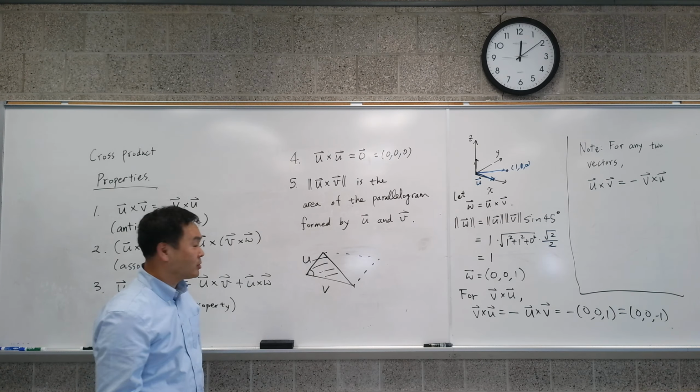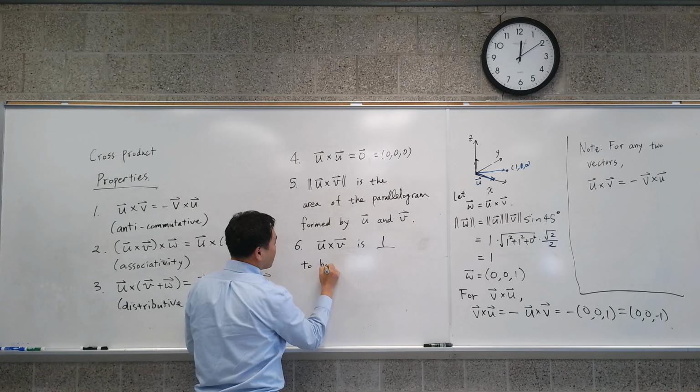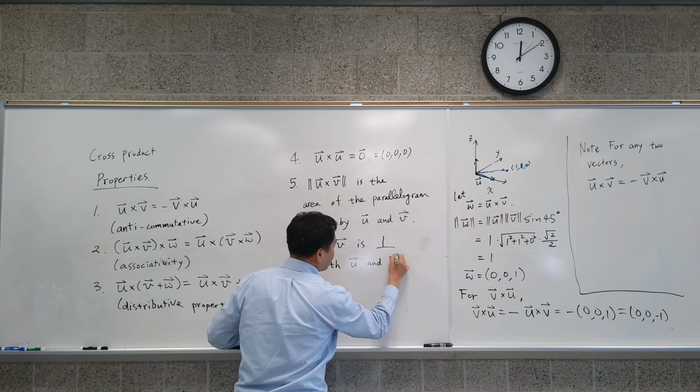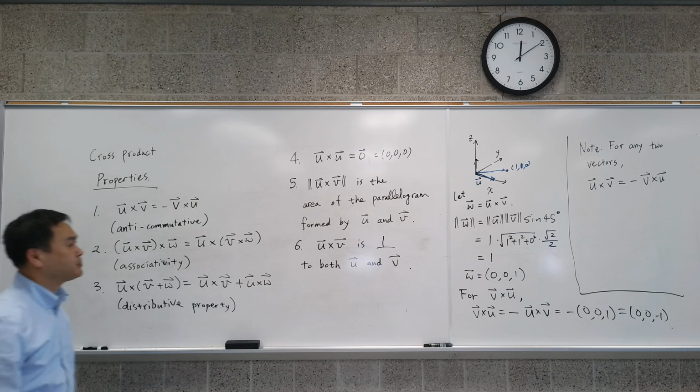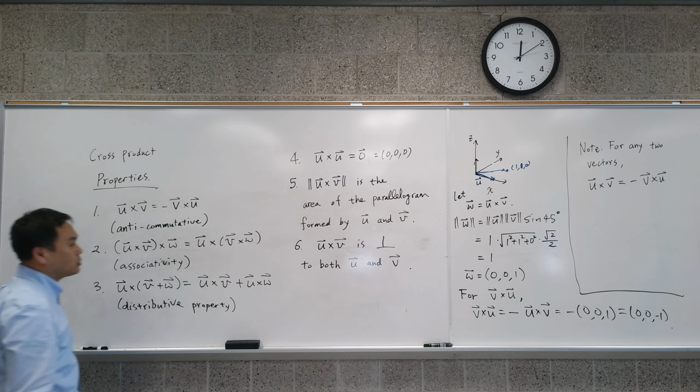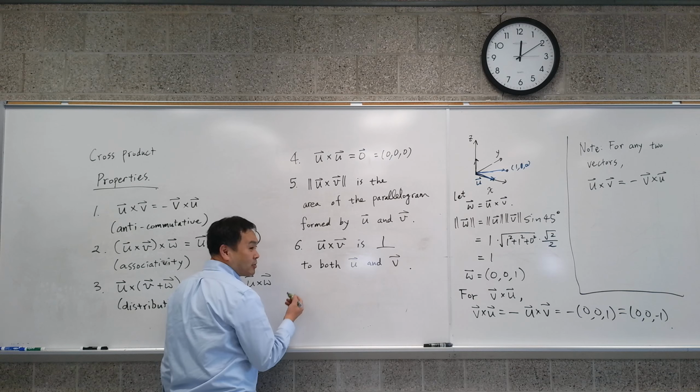And number 6, U cross V is perpendicular to both U and V. Okay? Which has the following idea.